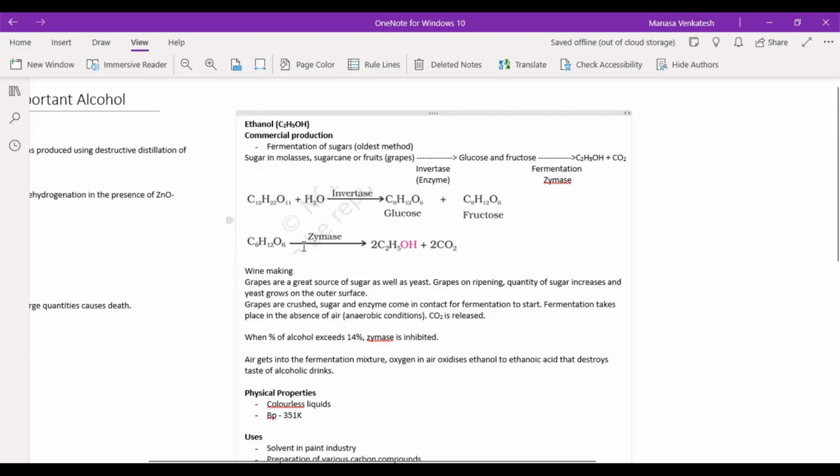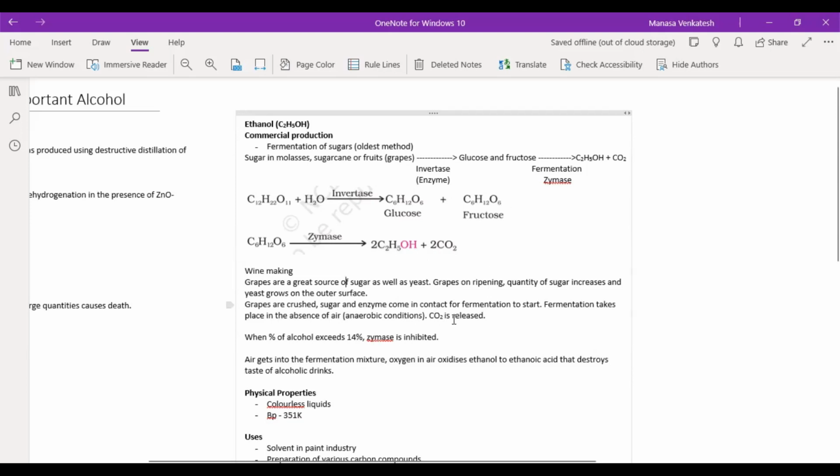In wine making, they use grapes, and when the grapes ripen, the quantity of sugar increases inside the grapes and the yeast starts to grow around the surface. They crush the grapes and the sugar comes in contact with yeast to give us ethanol, and this is done in anaerobic conditions and carbon dioxide is released.